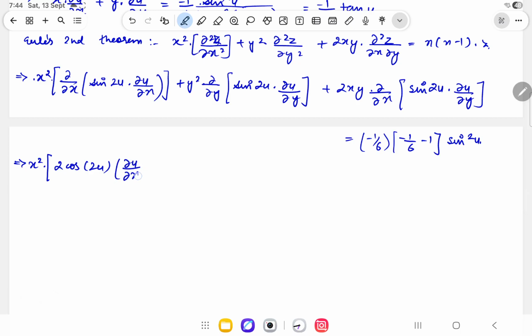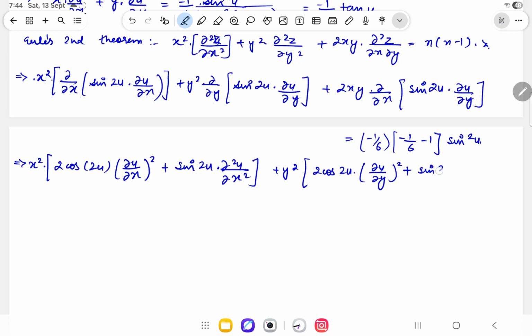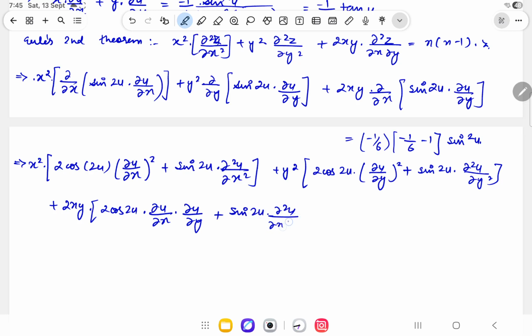So that will be del u by del x whole square plus sin 2u into del²u by del x² plus y² into 2 cos 2u into del u by del y whole square plus sin 2u into del²u by del y² plus 2xy into 2 cos 2u into del u by del x into del u by del y plus sin 2u into del²u by del x del y is equal to 1 by 6 into 7 by 6, that is 7 by 36 into sin²u.